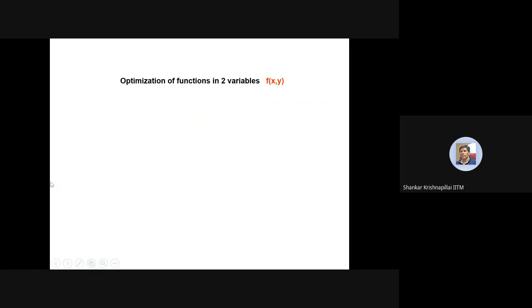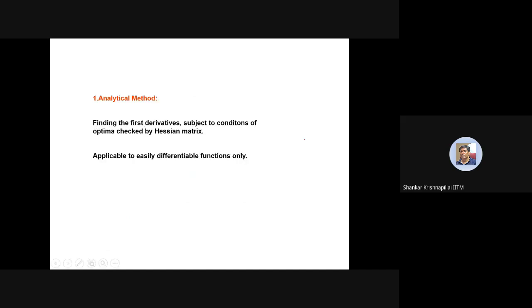Okay, optimization of objective functions in two variables. So x and y will be there, and the objective function will be f of x, y. First is the analytical method. That is how you find the minima of an objective function in two variables by calculus.